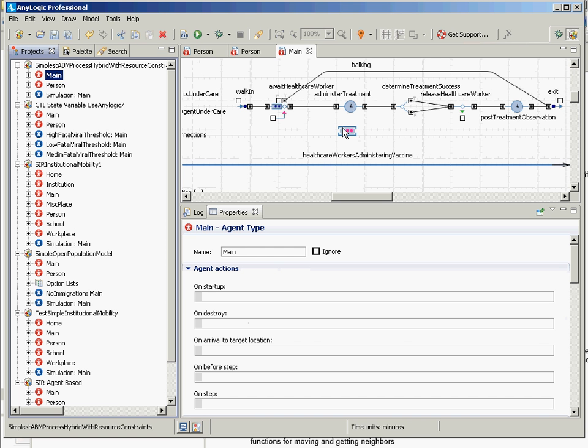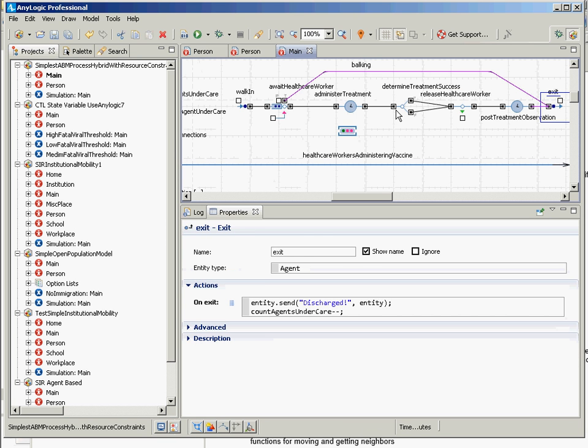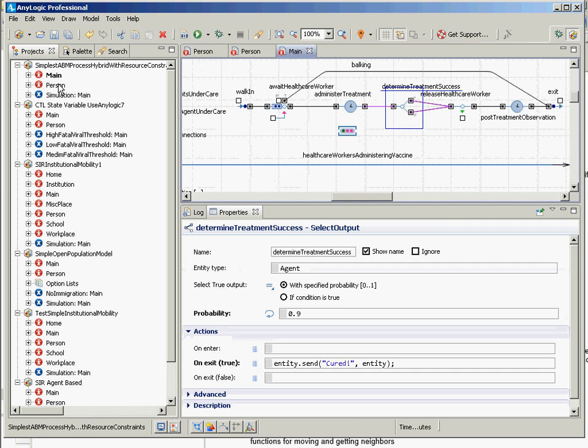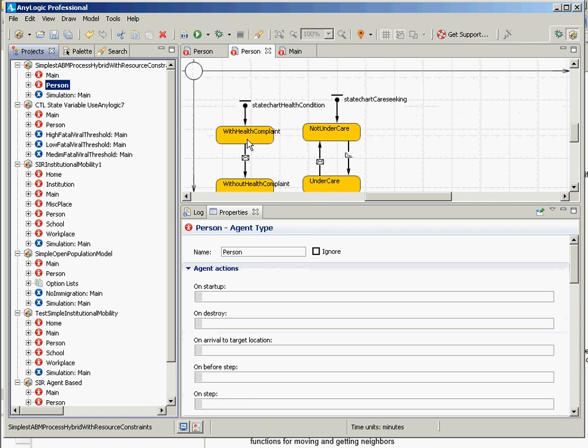During this process they're under care, and if they get cured, they go to without health complaint, but they'll still be in the process. It just updates their state to without a health complaint. And if they are discharged here, they go to the not under care state, going this way.